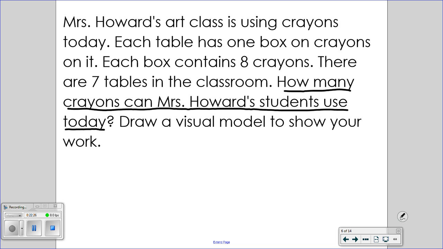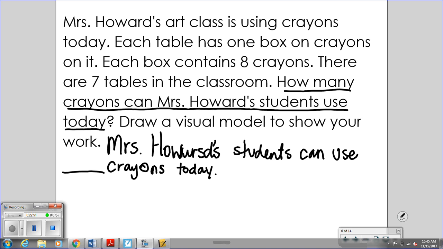Dylan, what are we counting in this problem? We are counting crayons. Brian, what's going to be my answer sentence then? Miss Howard's students can use blank crayons today. Beautiful. Go ahead and write your answer sentence in your notebook. So I've got my answer sentence.